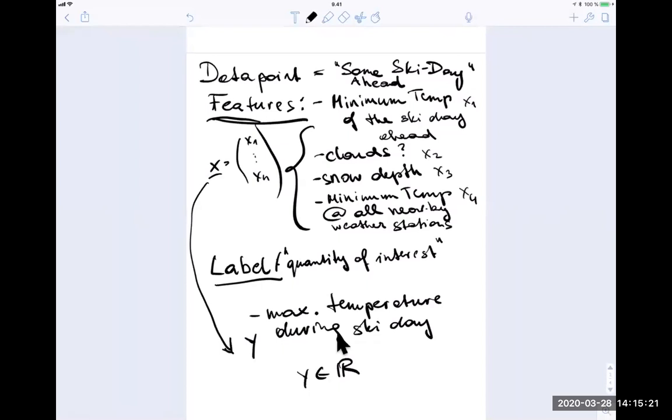In machine learning, this predictor is called a hypothesis map, or a prediction map. We want to predict, based on the features, all the data that I have in the morning when I look out the window, or when I use my Google weather forecast, the best guess or prediction of the label y, which is the maximum temperature during the ski day.